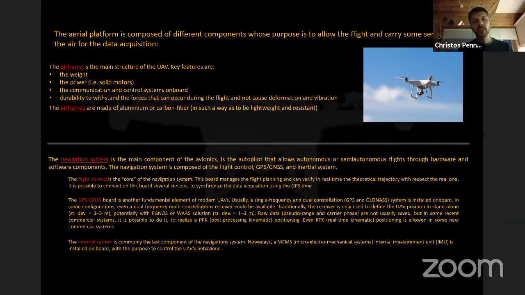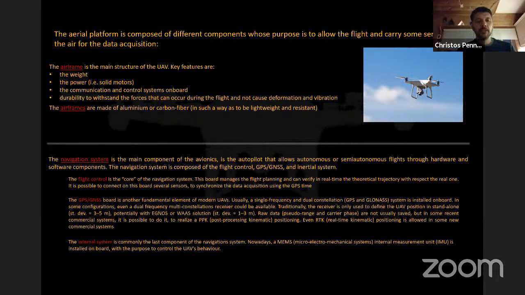The airframes are usually made of aluminum or carbon fiber in a way that they are lightweight and resistant. What we are seeing in most drones, like this one in this picture, is this plastic cell that makes it look better, and it also helps with the resistance of the drone to the air. So it makes it fly easier, etc.